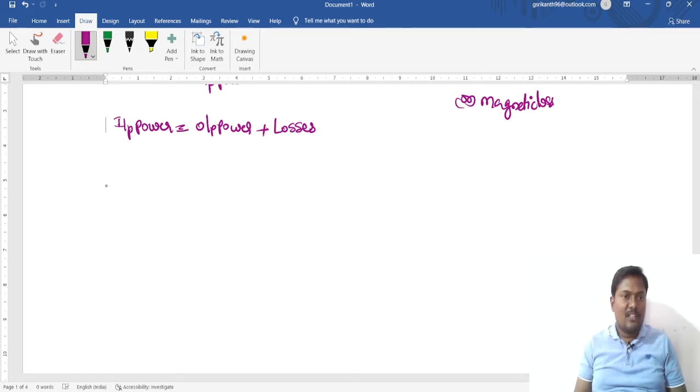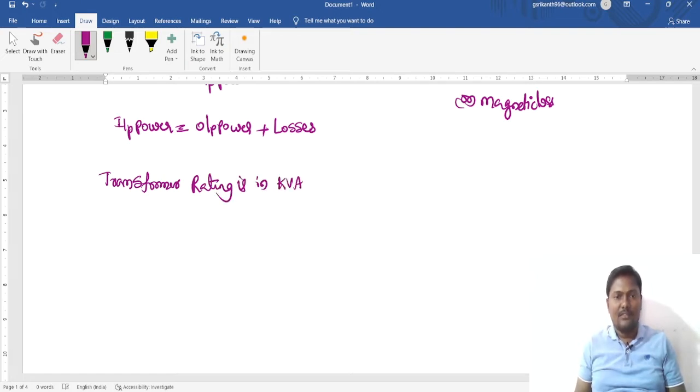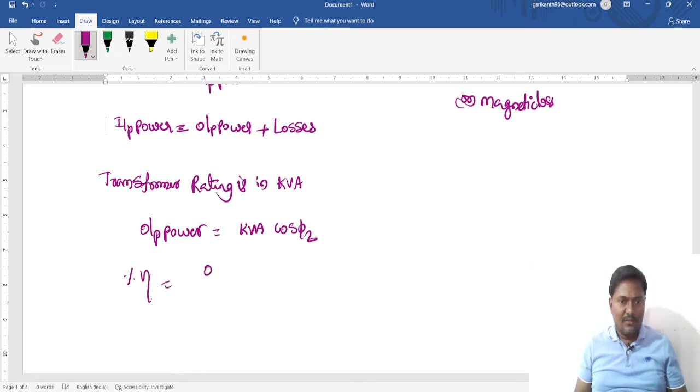Generally, the transformer rating is in kVA. So output power is equal to kVA into cos phi 2. If you substitute here, percentage efficiency is output power divided by output power plus losses.